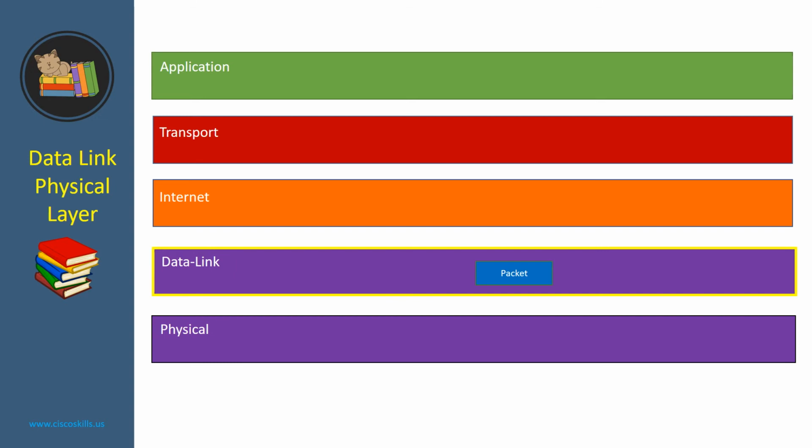As you know, the data link layer considers the packet as its own data. It then attaches the control information to the packet. The data link layer uses its ARP protocol to find the destination hardware address and uses its host hardware address as a source address.